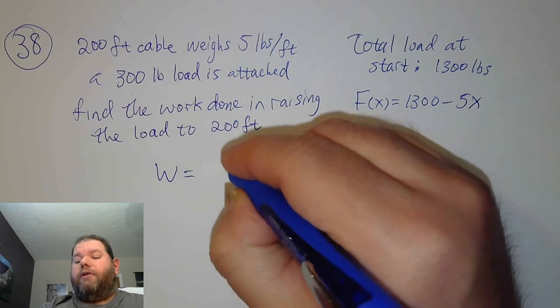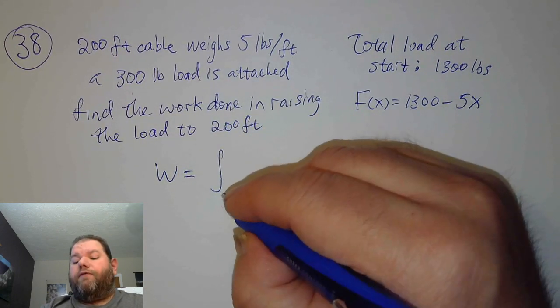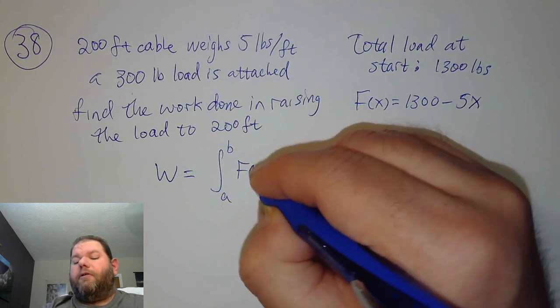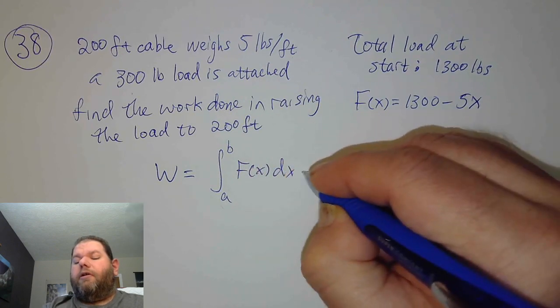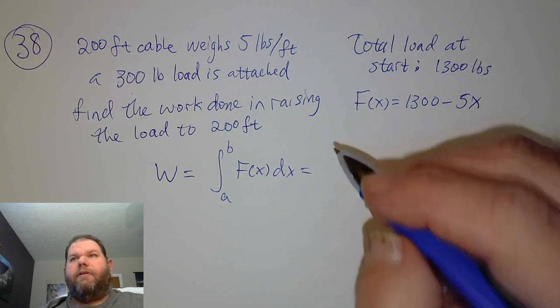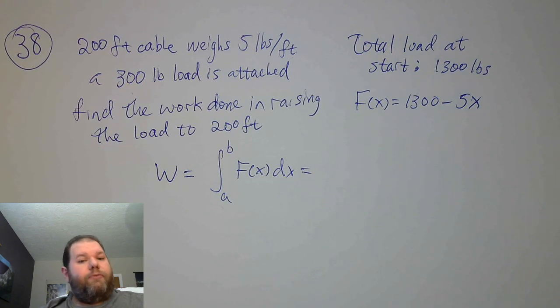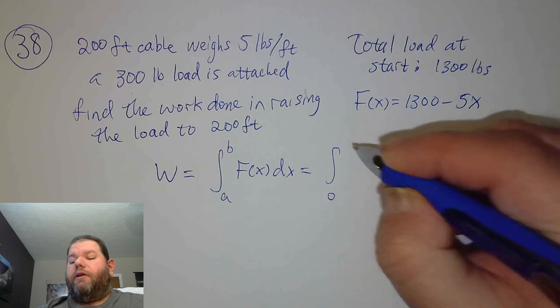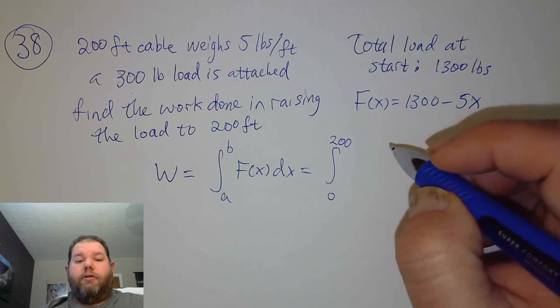Now the work done is the integral of the force function from a to b. A and b in this case are basically where the load starts and where the load ends. So it starts at 0 feet off the ground and it ends at 200 feet off the ground.